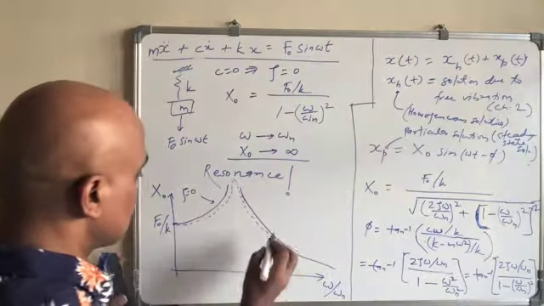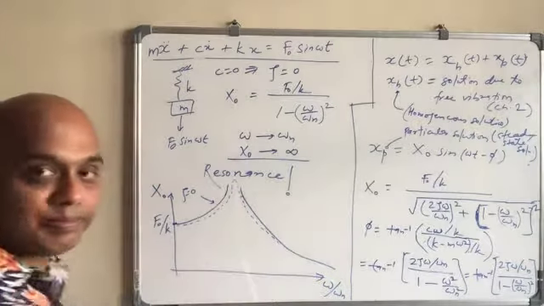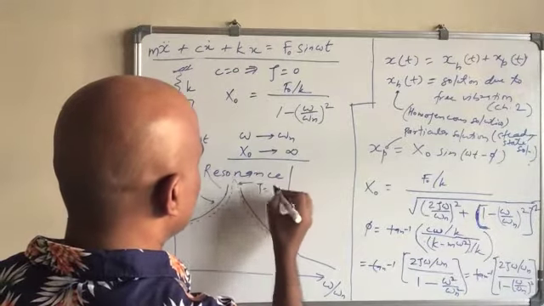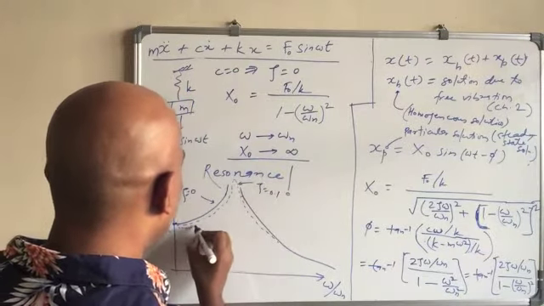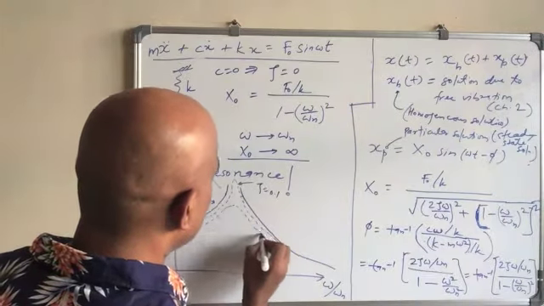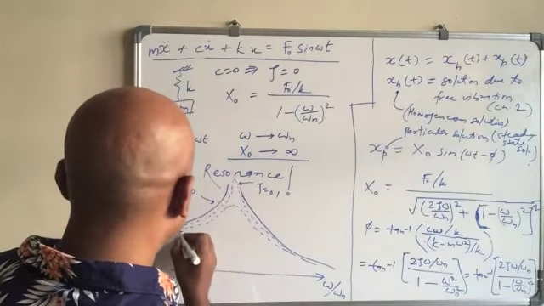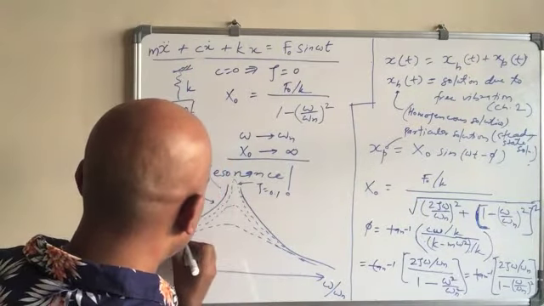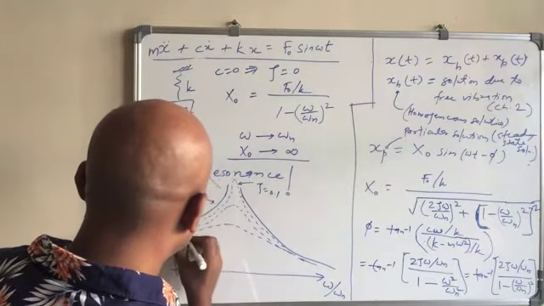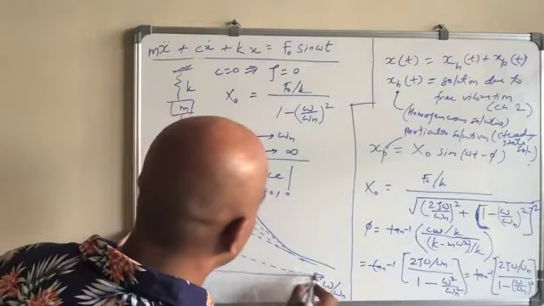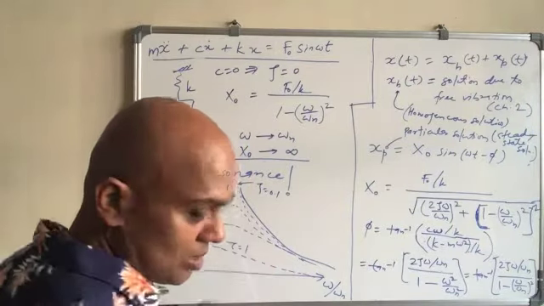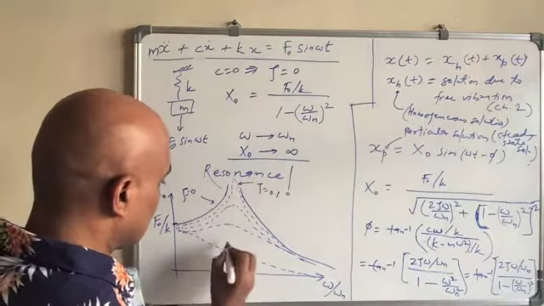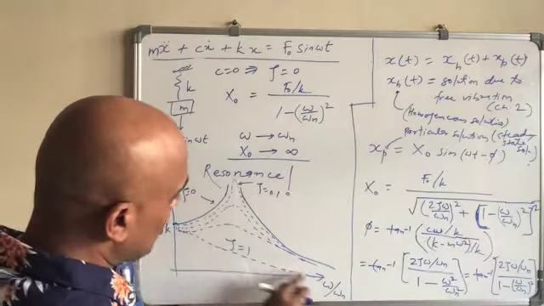As you keep on increasing zeta, the value will be different, like this one. And finally you will have zeta equal to 1, not tau but zeta, so it will go like this.